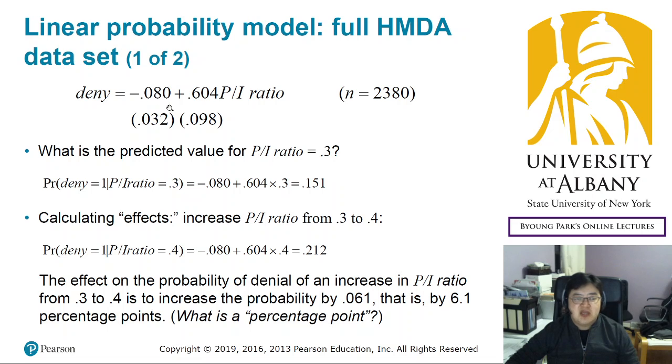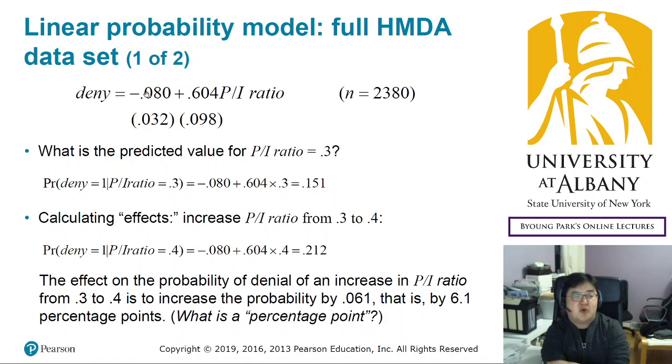A probability cannot be negative, but in this data, it won't be a big problem right now. And for an additional payment income ratio, the denial probability increases by 0.6. 0.6 is 60%. So if the PI ratio changes from 0 to 1, then the denial probability increases by 60%.